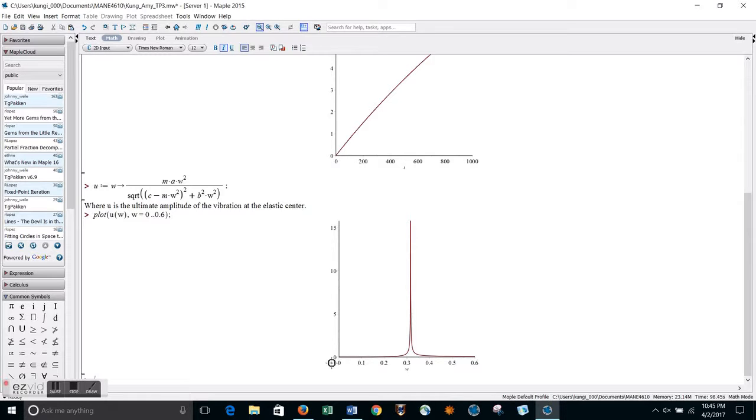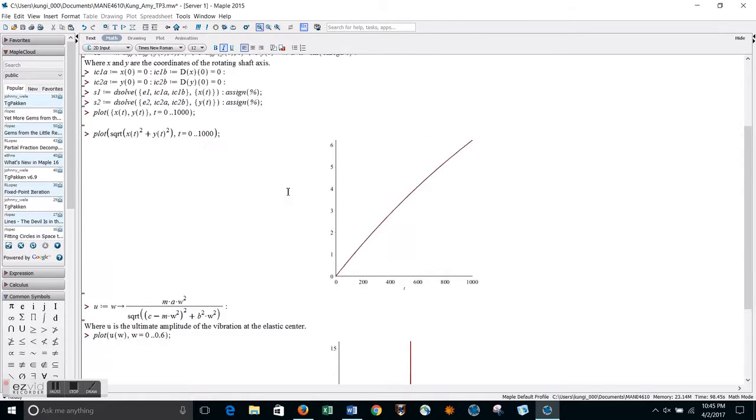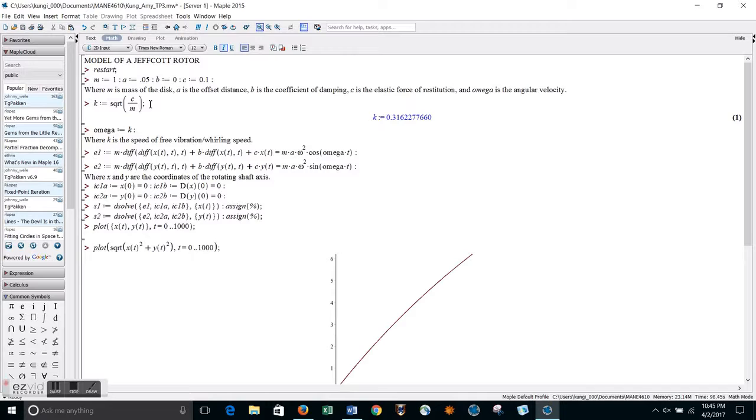Essentially, this amplitude is fairly level, but spikes to infinity at an angular velocity of approximately 0.32. This is actually the value of k, or whirling speed, which can be approximated as the square root of the elastic force of restitution divided by the mass, or around 0.316 here.